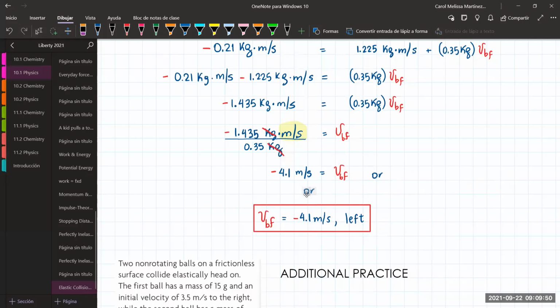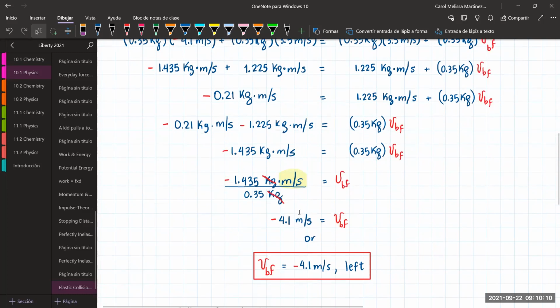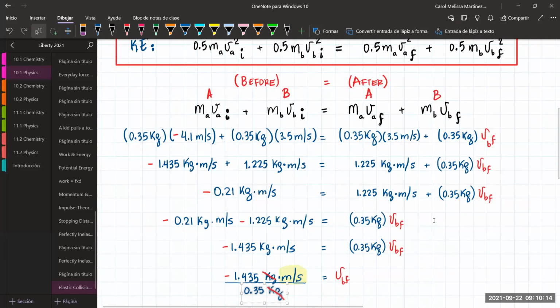Freddy? Miss, in this type of problems, do they always ask us for velocity, or can they ask us for mass? Look, if it asks you for a mass, the procedure will be the same, but instead of sending the mass to divide, just like we did here, you will be sending the velocity. The problem should provide you with all the data you need.